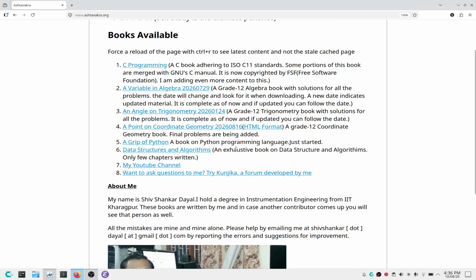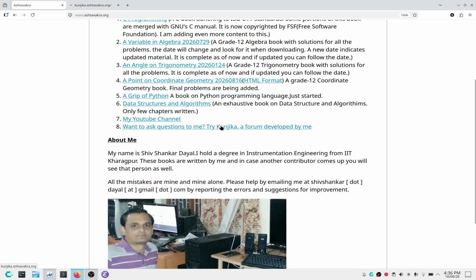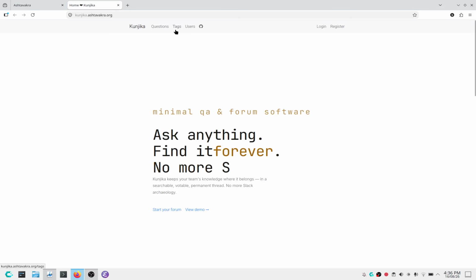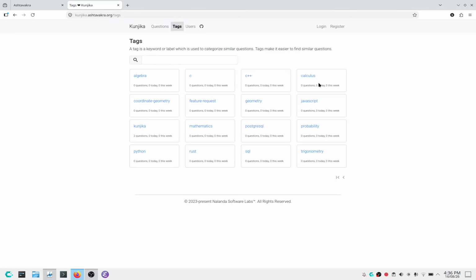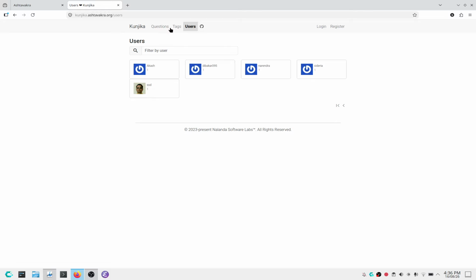Also, the question answer website where you can come and ask questions is pundika.developer.org. You can come here and ask questions or answer questions. You can make use of the tabs algebra, calculus, coordinate geometry, mathematics, probability, and trigonometry. If I'm not able to answer your question, there is a chance that somebody else will answer it.